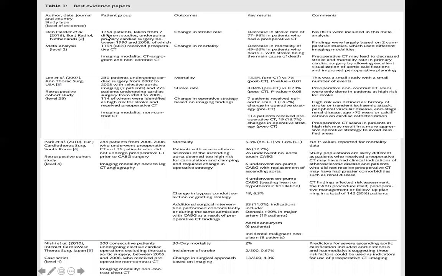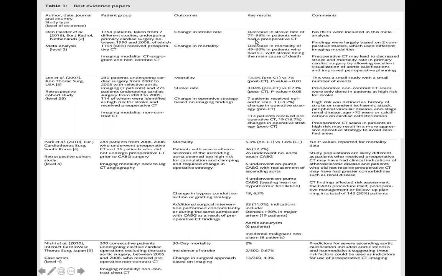For example, in this one, they have 1,754 patients taken from several different studies. They had primary cardiac surgery, and 68% of them received CT. The outcome was whether there was any change in stroke rate or mortality.